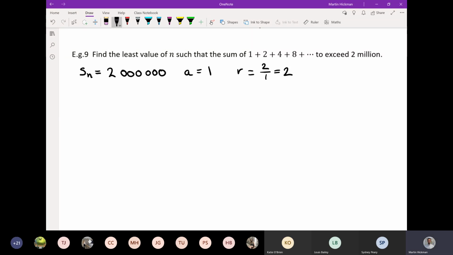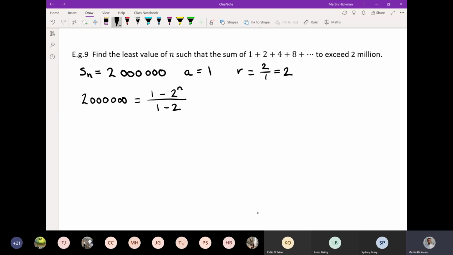Now, using my formula, what I'm saying here is that 2 million needs to equal a times 1 minus r to the power of n. So a is just 1 here, so I've simply just got 1 minus r to the power of n on top. And on the bottom, I simply just have 1 minus r.